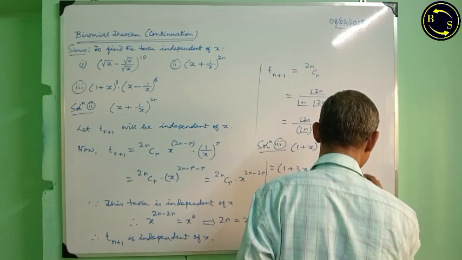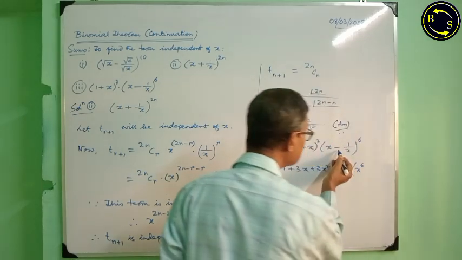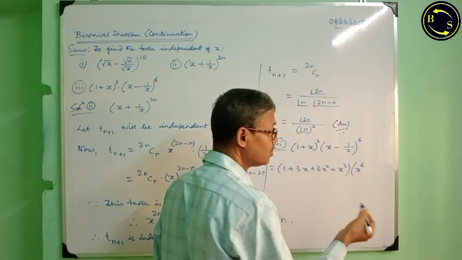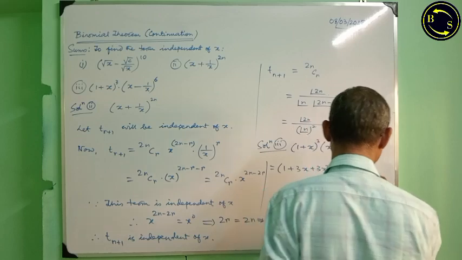This will be x to the power 6. Since minus is there, alternate sign changes will be there.